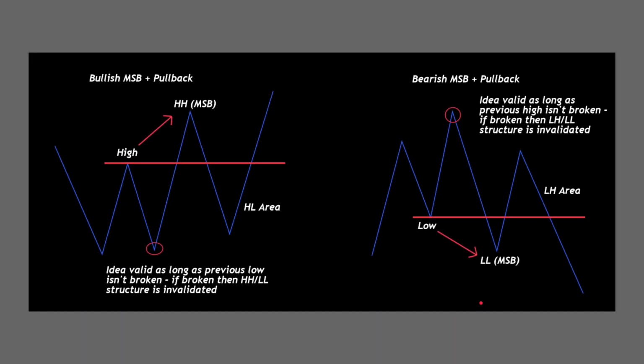So here's our diagram for this second example with the bullish market structure break and the pullback. So we're coming from these higher prices, lower highs, lower lows. Price forms a low. It comes up to this high, right? Here we see another low observed.